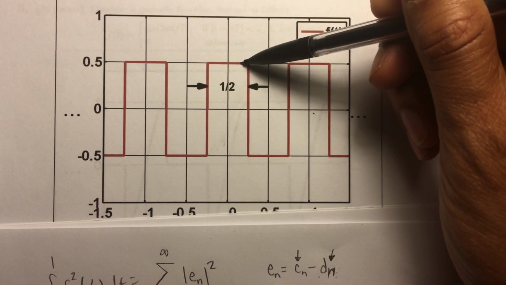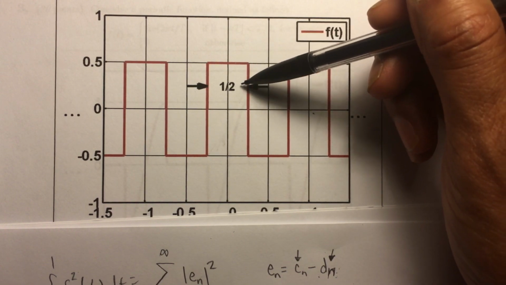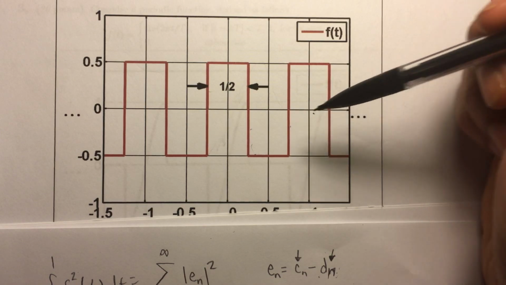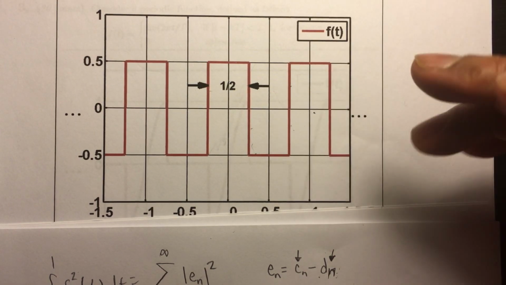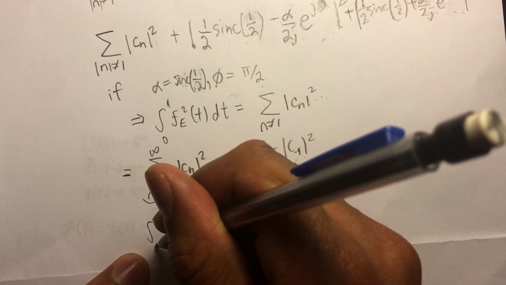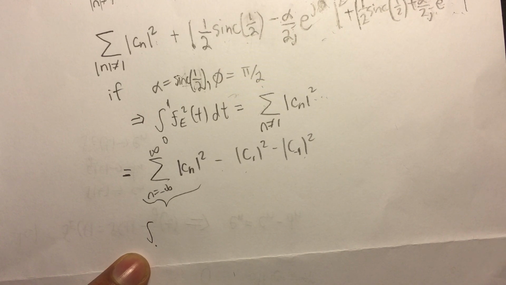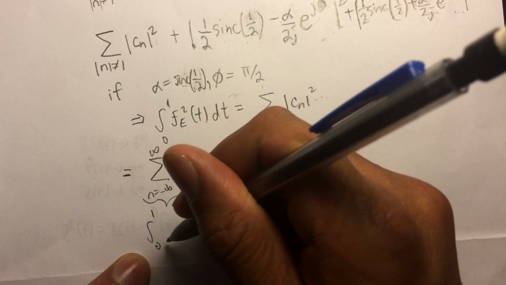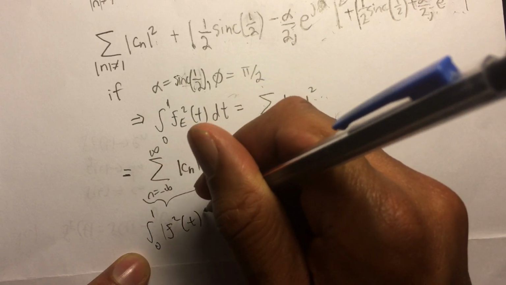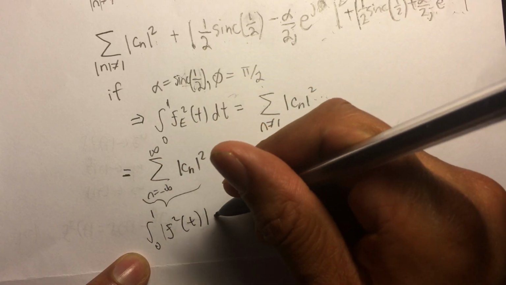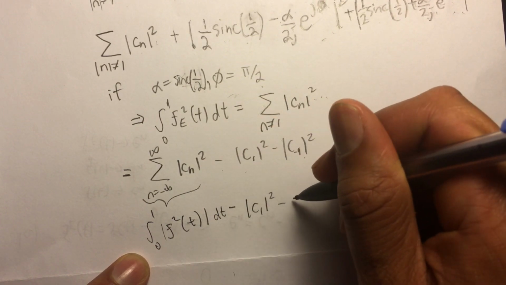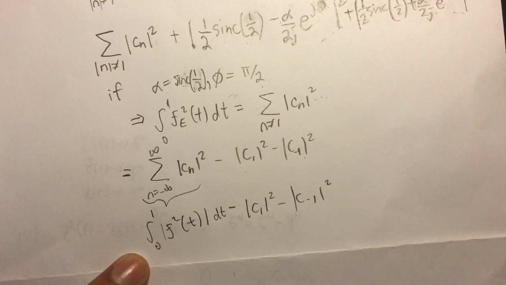If it's equal to 0.5, then the square is equal to 1/4. If it's equal to minus 0.5, then the square is also equal to 1/4. So this guy here is equal to the integral from, let's say, 0 to 1, the integral over a period of f squared of t. And actually there should be an absolute value here, but it's not going to matter. dt, minus c1 squared minus c minus 1 squared.